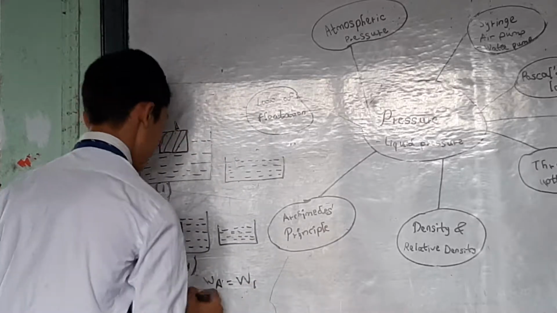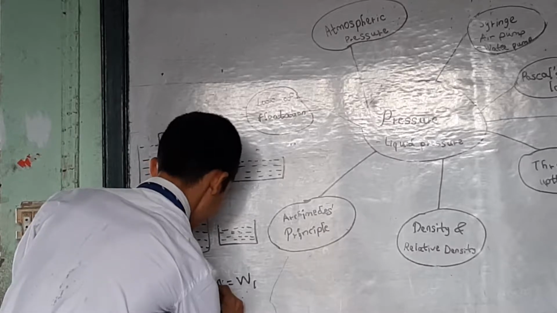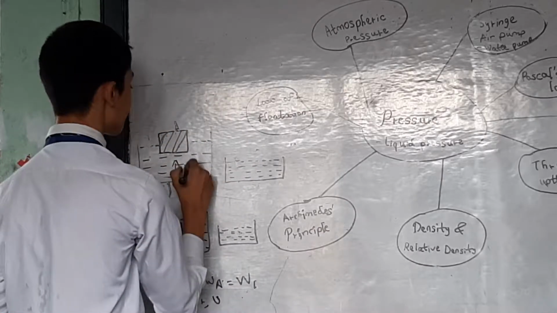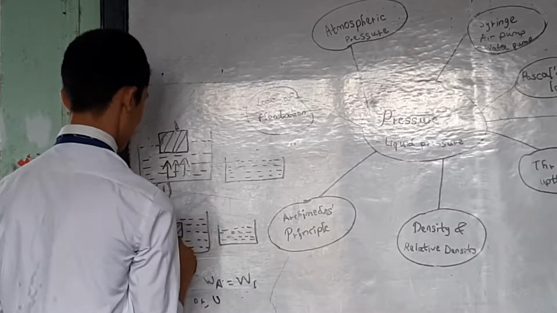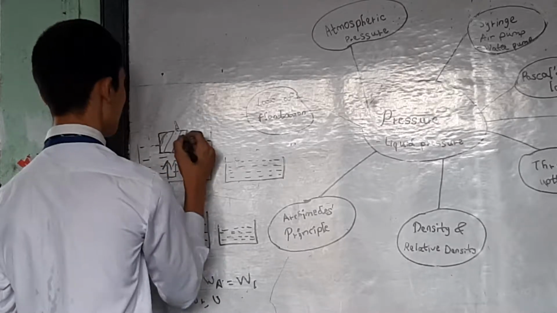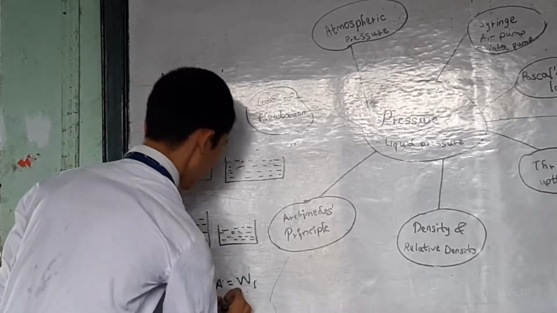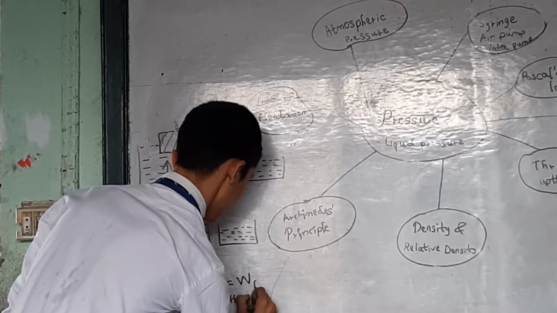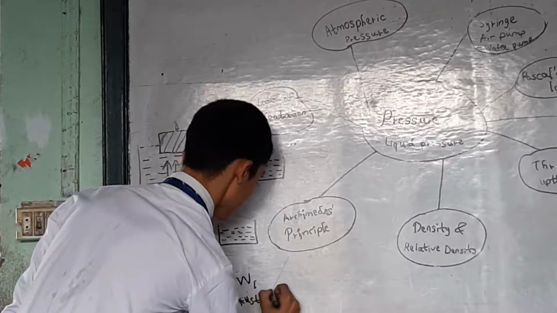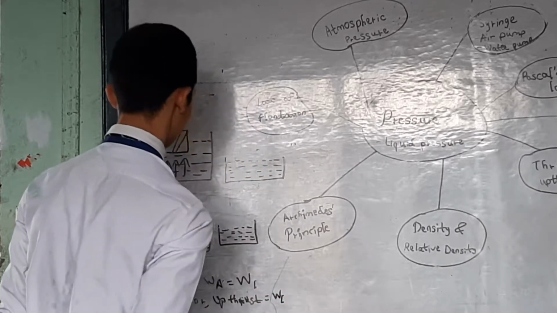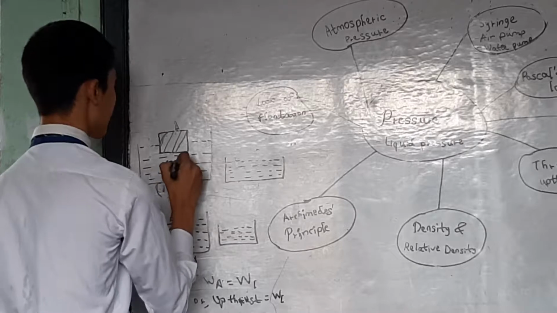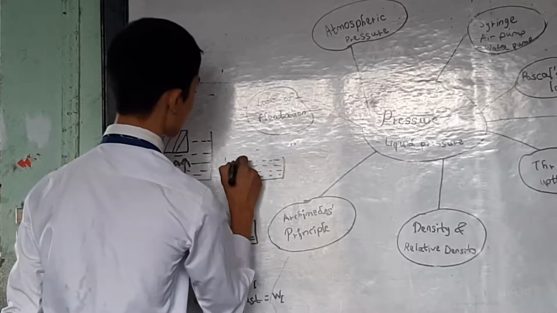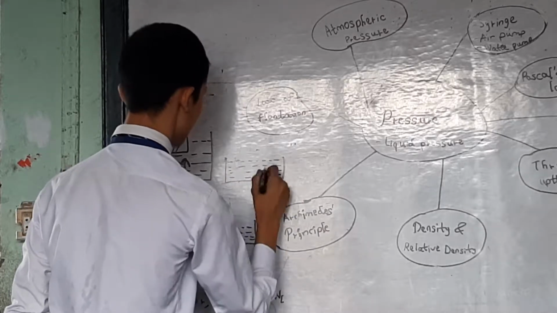And now, at this condition, we can say since upthrust is the resulting force given by the liquid to the object, we can say upthrust is equal to the weight of liquid displaced. It means the force acting on this body from the downward direction is equal to the weight of this liquid displaced.